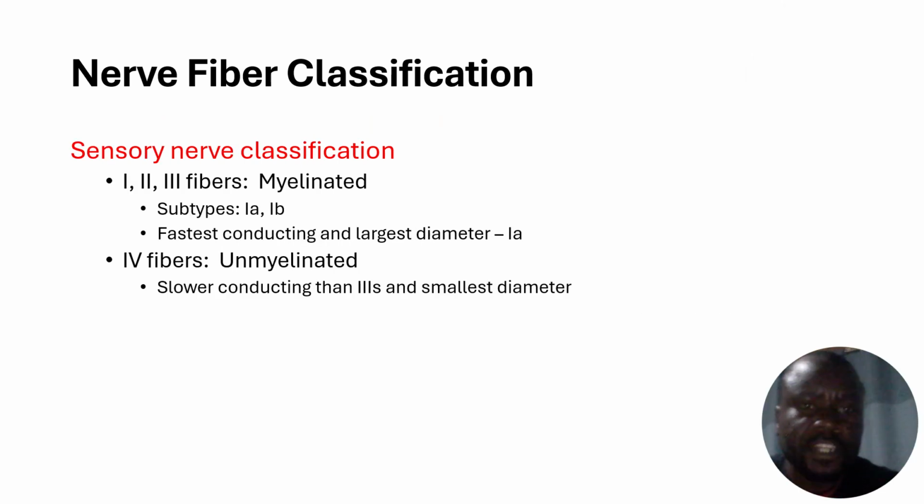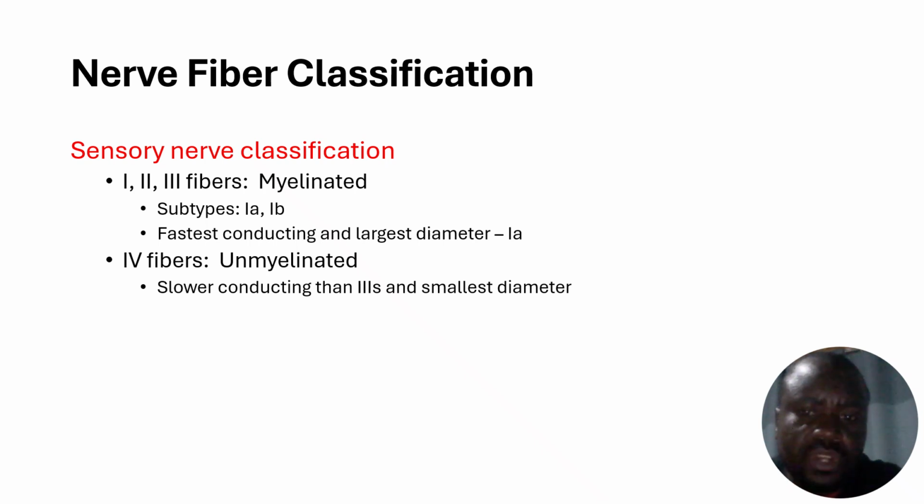In terms of the Roman numeral classification 1, 2, 3, 4, the type 1, 2, and 3 are the ones that are classified using the other system.